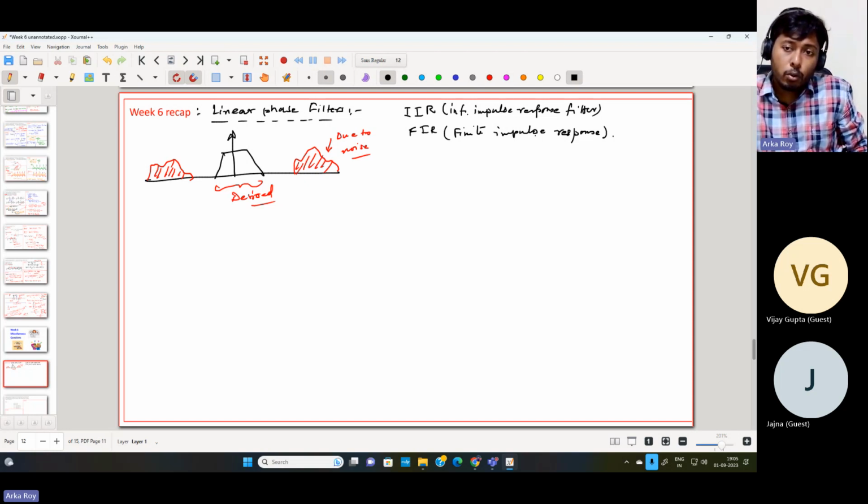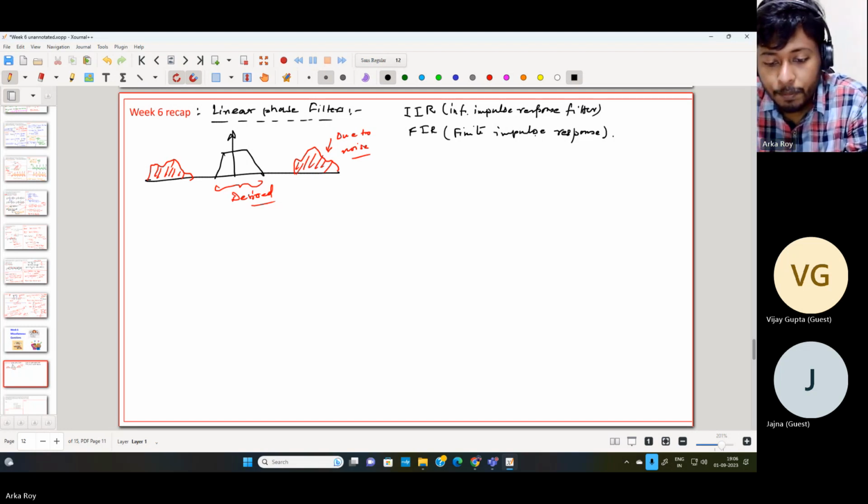To get a particular value at instant n, we need the previous representation of x of n minus n as well as the previous outputs, which incurs an infinite number of elements that we need to store for digital IIR filters. As the output depends on the current input and previous output itself, these are called IIR filters or infinite impulse response filters.